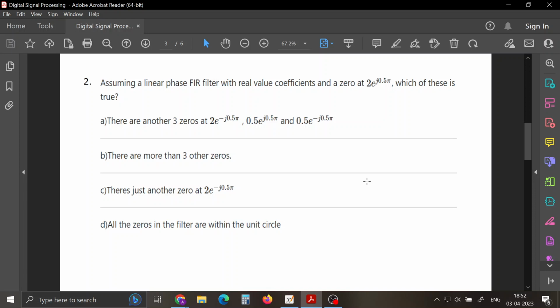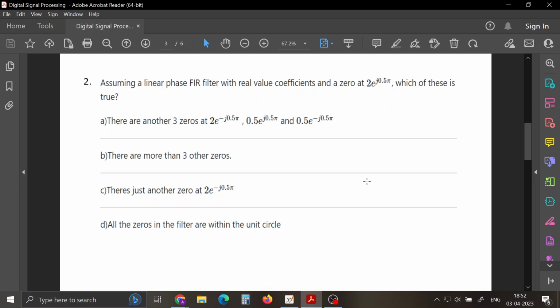The first option says that there are 3 more zeros at 2 times e power minus j 0.5 pi, 0.5 e power j 0.5 pi, and 0.5 e power minus j 0.5 pi. In option B it says there are more than 3 other zeros.